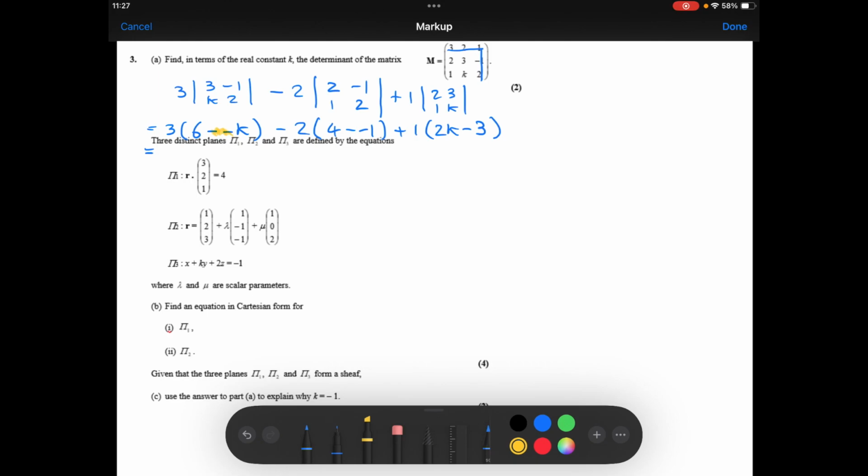So the minus k there is just a plus k, and the double minus there is a plus.